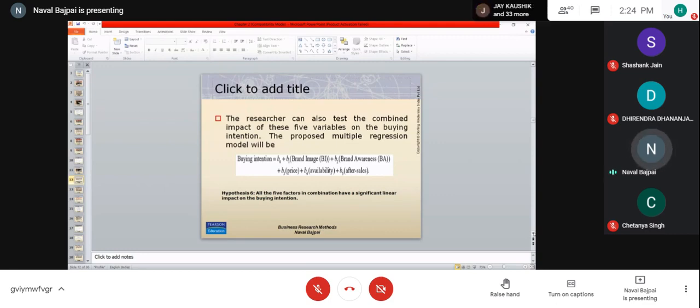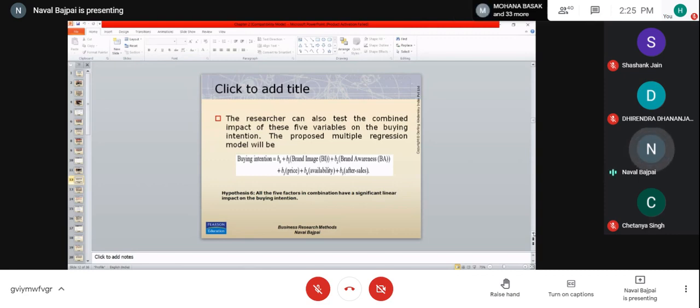We are not interested in sample regression coefficients because we would like to take it up for the population. So when we take multiple regression in detail, through this equation, which is the sample regression equation, we would like to estimate the population.